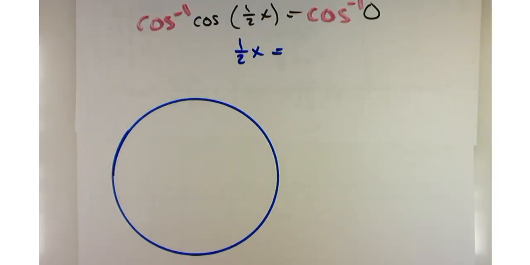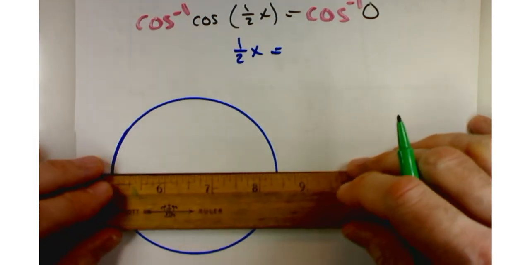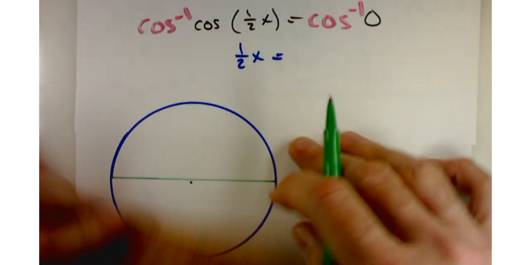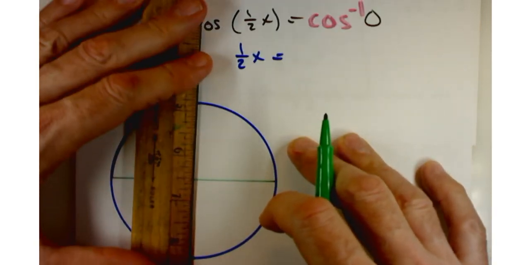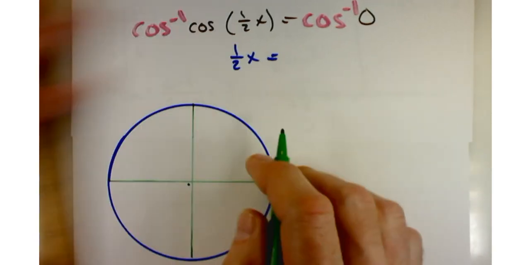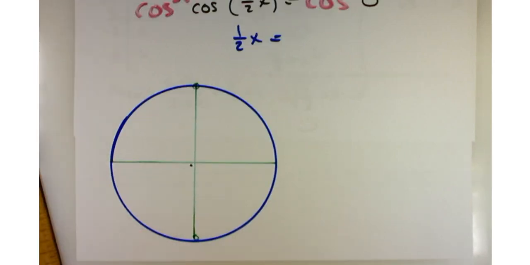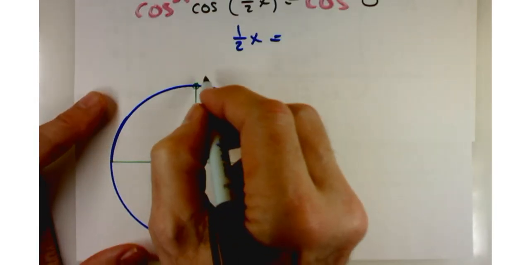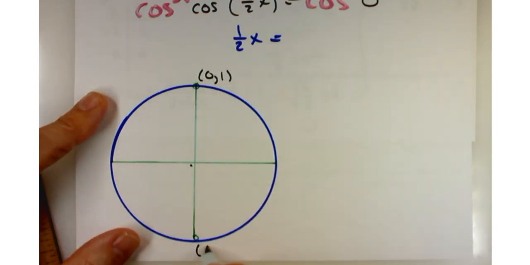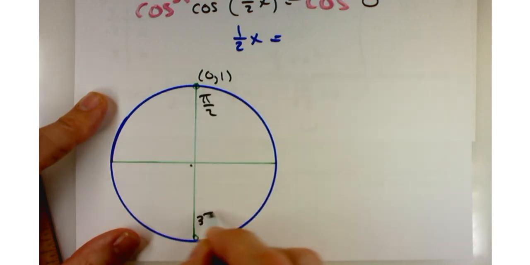Let's draw ourselves a nice little unit circle here. Pi over 2. Yeah, there you go. Here and here. So the two places where this is going to equal 0 on the unit circle are going to be at pi over 2, (0, 1), and (0, -1). So pi over 2 and 3 pi over 2.